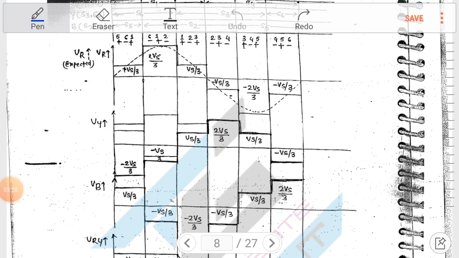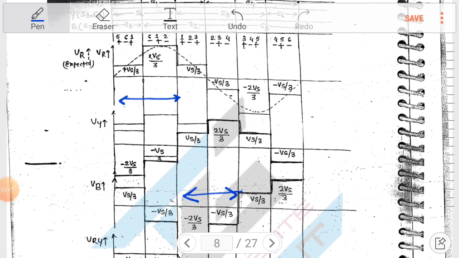We cannot achieve a pure sinusoidal waveform in three-phase 180 degree mode, but what we can achieve here is that the phase difference between each phase voltage is 120 degree. You can see by the diagram.